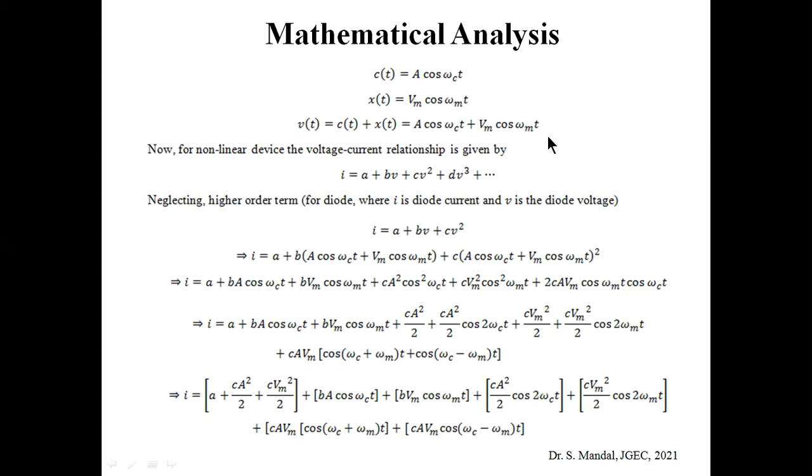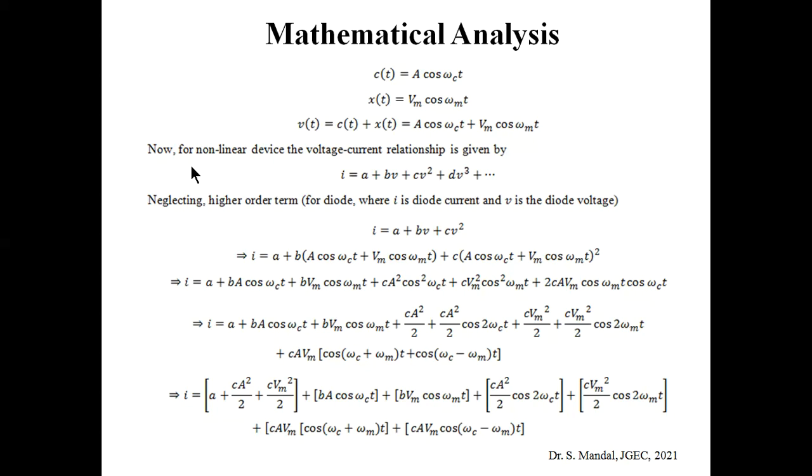Now here is the interesting part: for any nonlinear device, the voltage current relationship can be expressed in terms of a polynomial equation. Basically, any nonlinear line or plane can be expressed in terms of a polynomial. Here I is the current and V is the variable voltage.